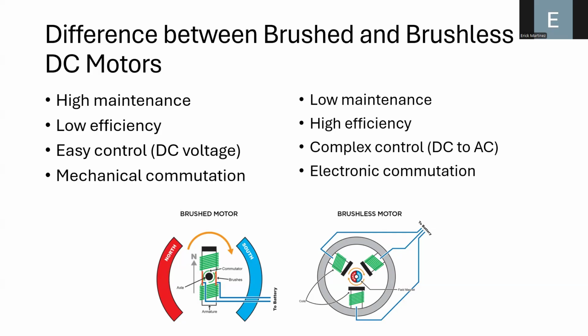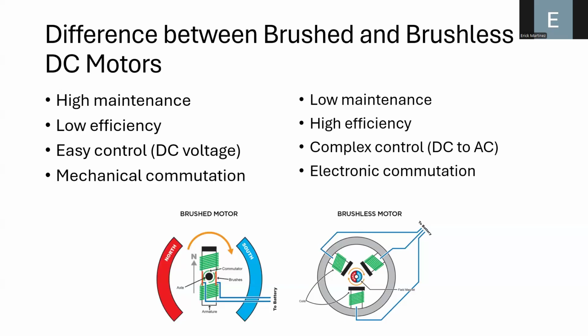On the other hand, we have the brushless motor, in which we require lower maintenance. They have a higher efficiency, but the problem is the control, because we need to control the activation or deactivation of these solenoids, or these windings, in order to produce a varying magnetic field or a rotating magnetic field that interacts with the magnetic field of the magnets in the rotor.